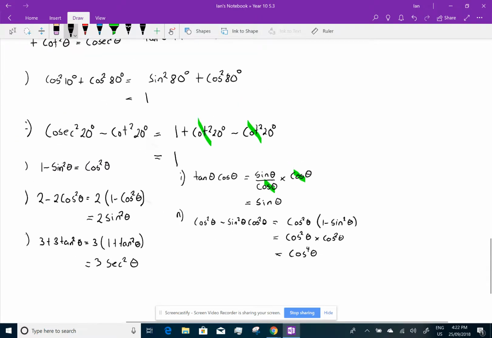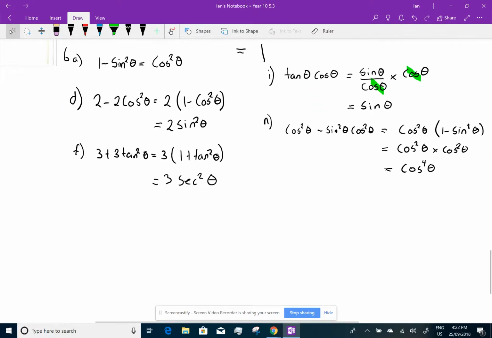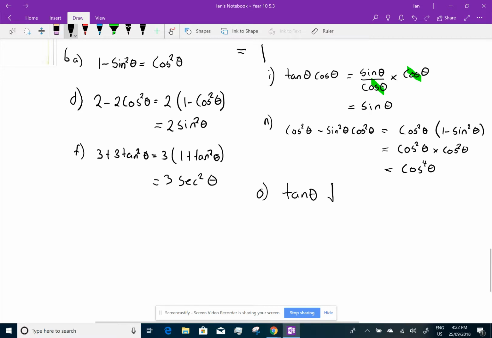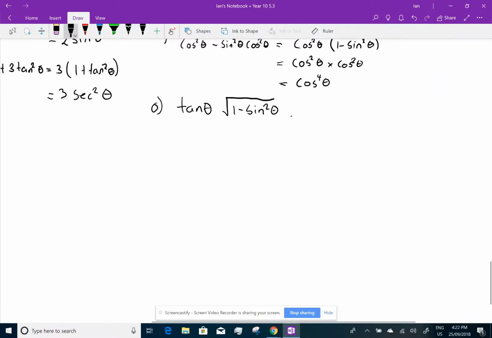And the last one, O. Tan theta times the square root of 1 minus sine squared theta. Is that it? Righto. Well, the tan theta I can write as sine theta on cos theta.